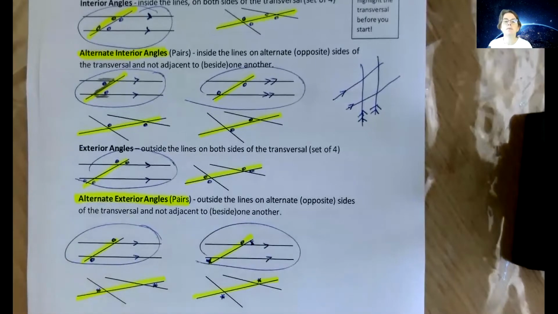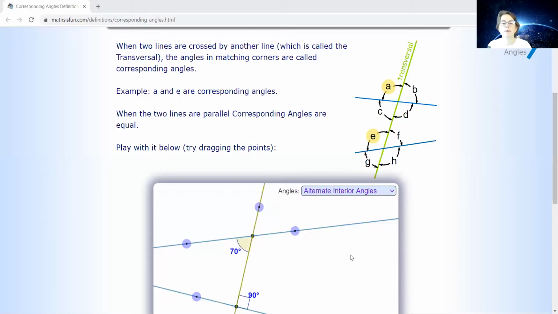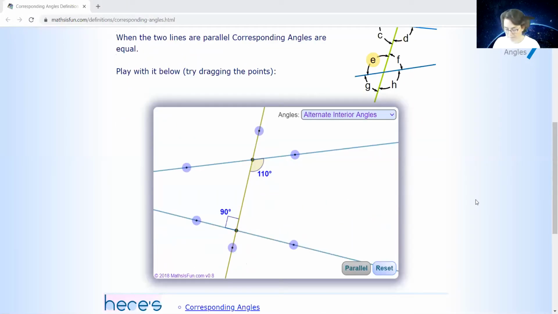Oh, before I forget, I want to show you this very cool website. It's on the bottom of your page. It is Math is Fun, and corresponding angles and stuff. It shows us alternate interior angles.